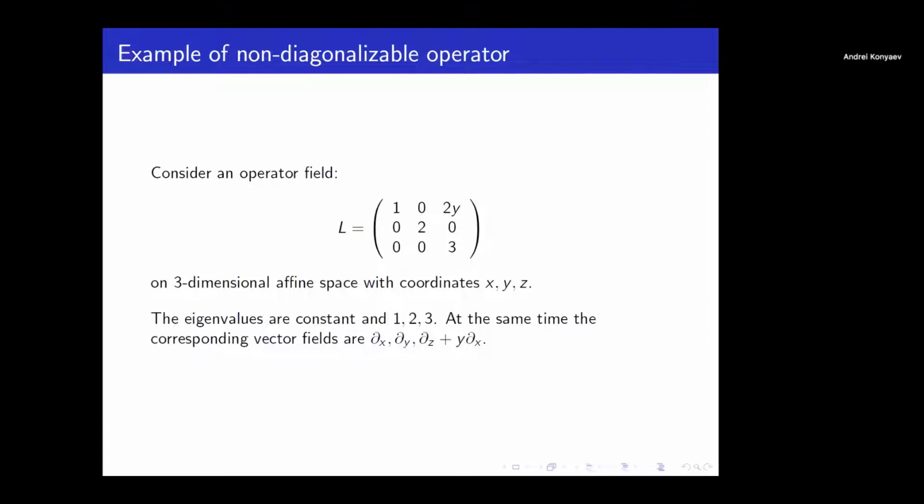We start with a simple fact: we try to find eigenvectors. They are simple here. One eigenvector field is the first coordinate vector field, the second is the second coordinate vector field, and we pick the third in the following form. Again, a vector field is not uniquely defined, you can multiply it. So basically we have 3 vector fields.